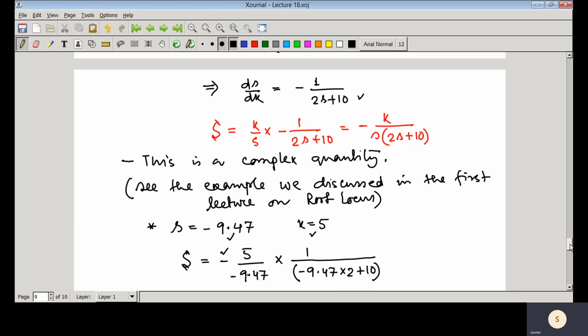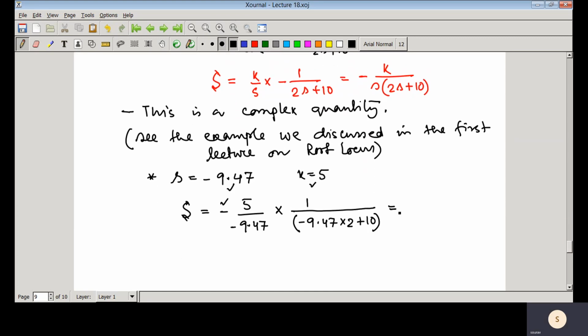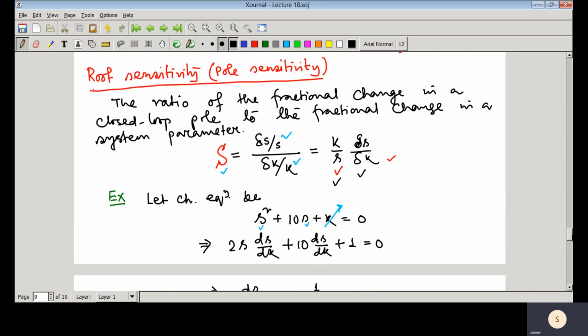So if you calculate it, you will get that value equal to 0.059. So this is that root sensitivity. And if you look at that root sensitivity expression, what will you get?